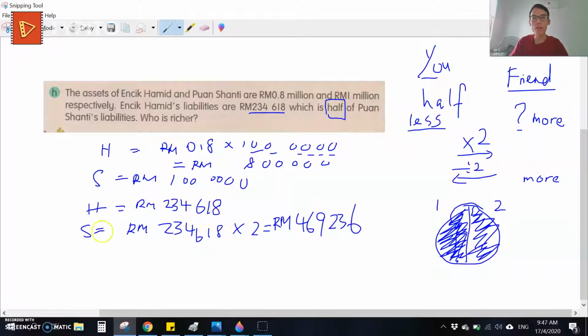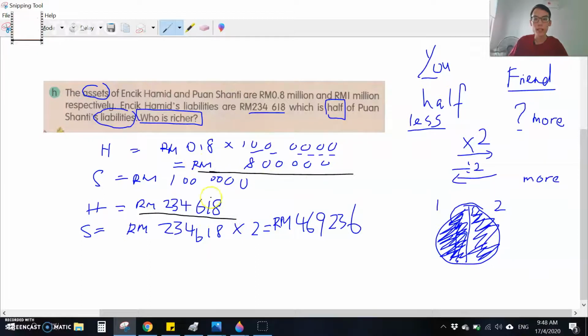Now to find out who is richer, siapa yang lebih kaya di sini, awak ambil asset tolak liability. Baki siapa lebih tinggi, dialah lebih kaya. So you take Encik Hamid's asset, 800,000, and then you minus his liability, okay?